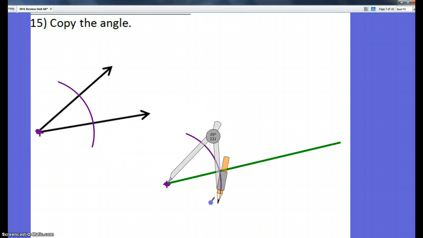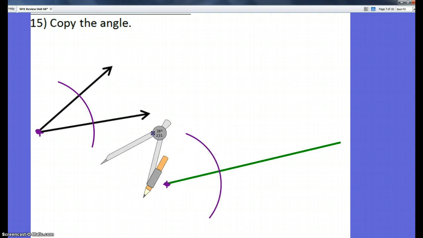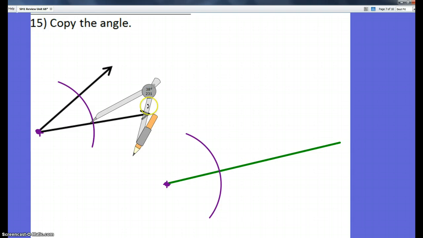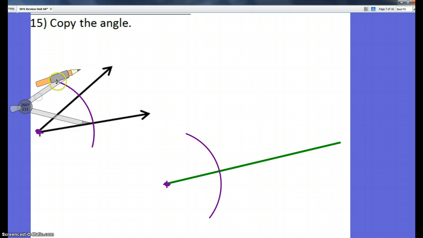Oh, it only likes to go one way. And then we're going to do the same thing, but we're going to measure our compass from the vertex that we just got. So right here, I lined it up.